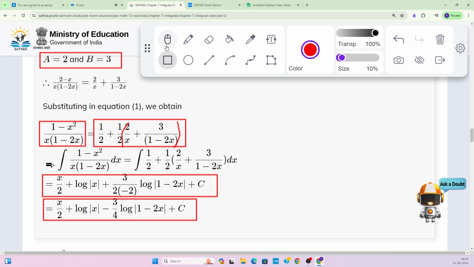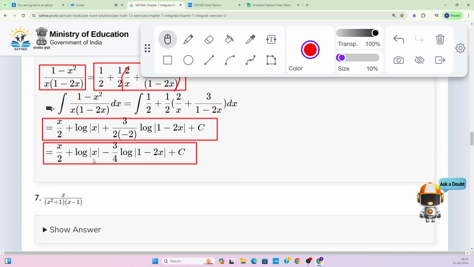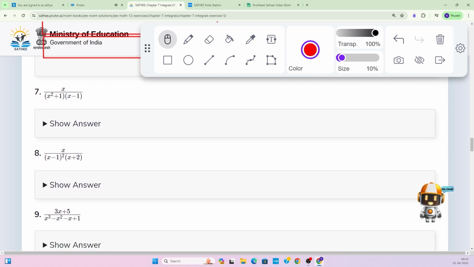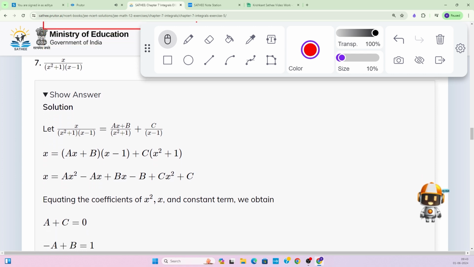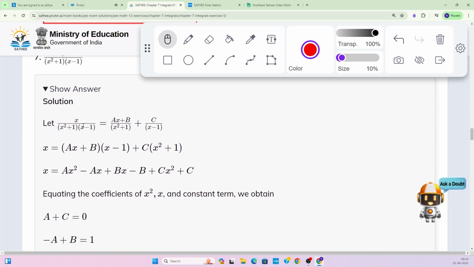Okay, I hope it is clear to you. Simple. Okay, let us move to the seventh problem. Now seventh problem says integrate x by x square plus 1 multiply x minus 1, the same. So how can we reduce it? Quite simple. This can be reduced to its corresponding form, which is ax plus b divided by x square plus 1 plus c by x minus 1.